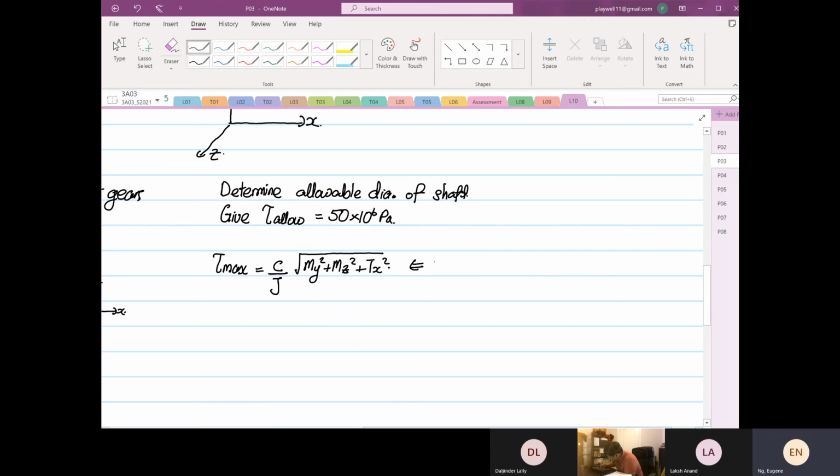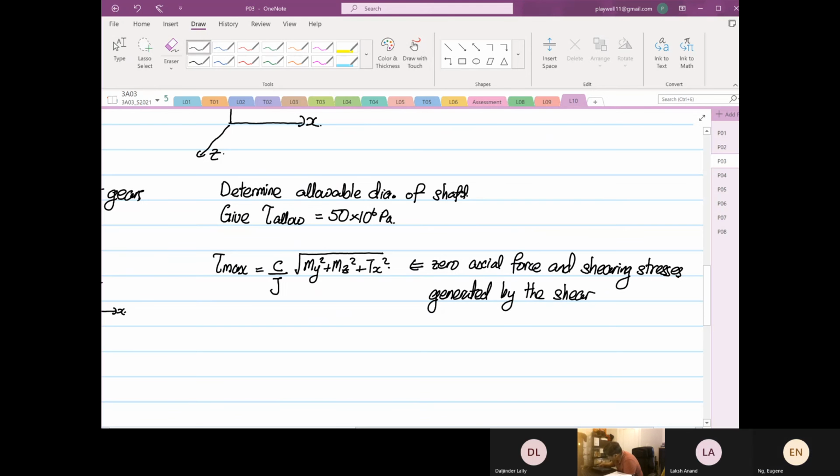So this is zero axial force and shearing stresses generated by the shear force or shear forces.